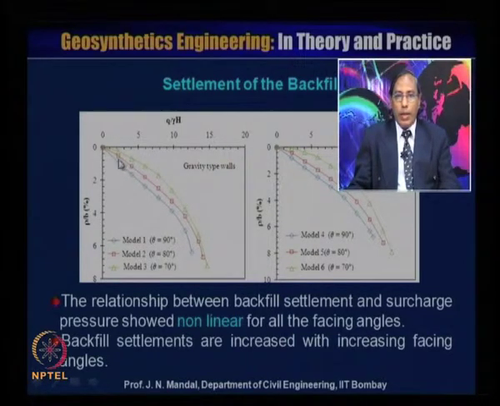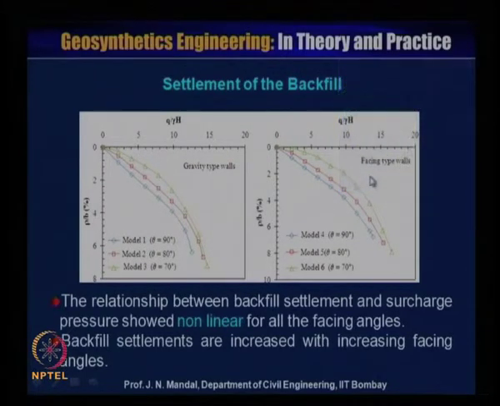Similarly, this one is also a facing type wall. So, this is the gravity type wall, this is the facing type wall, and this is Q by gamma H on the x axis and P by B in percentage. This is for model number 4, 5 and 6, and theta is 90 degree, 80 degree and 70 degree. You can see that the nature of the curve is the same.